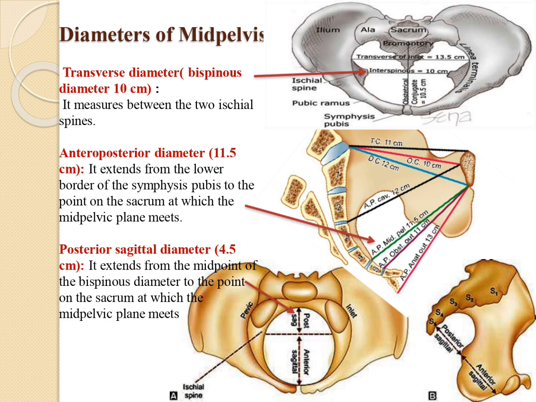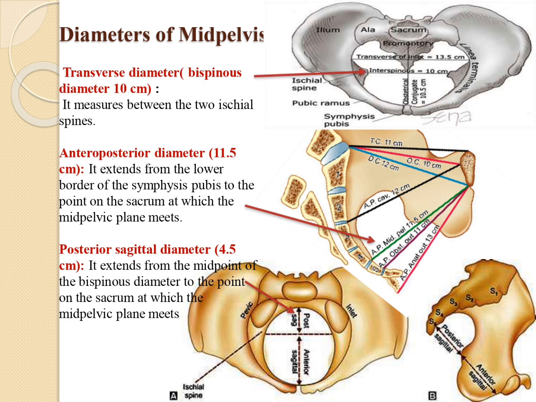It extends from the lower border of the pubic symphysis anteriorly to the point on the sacrum at which the mid pelvic plane meets posteriorly. The posterior sagittal diameter is 4.5 cm. It extends from the midpoint of the bispinous diameter to the point on the sacrum at which the mid pelvic plane meets.